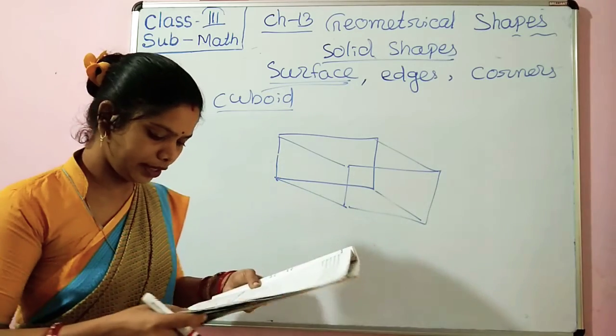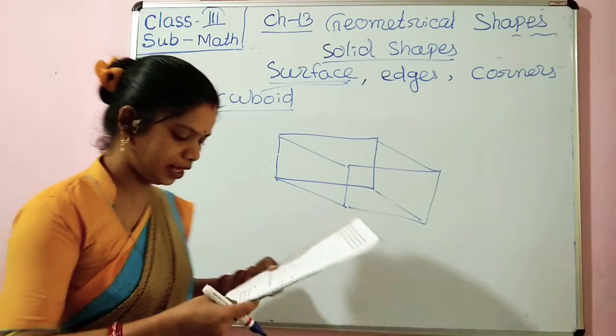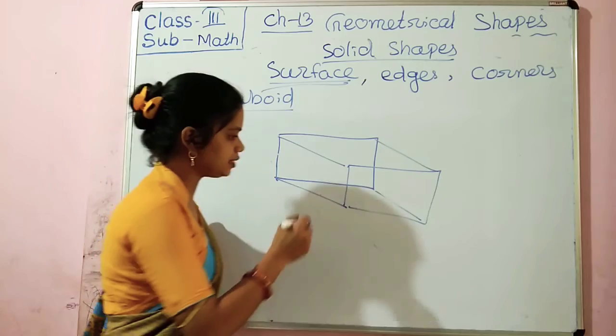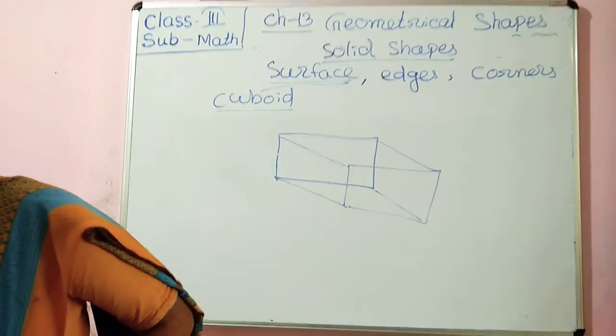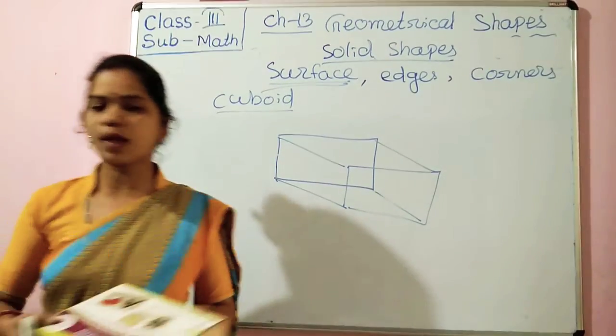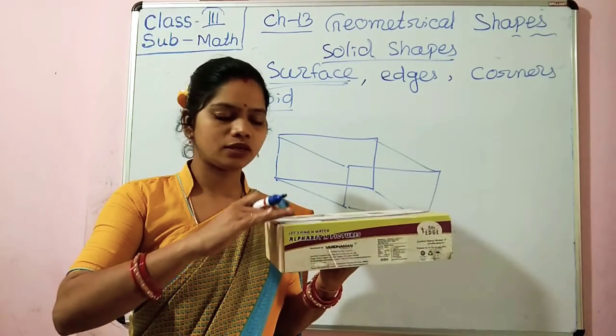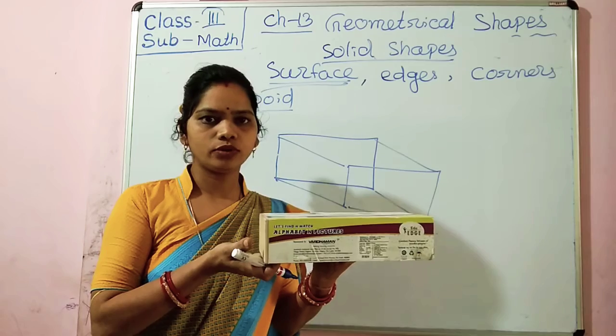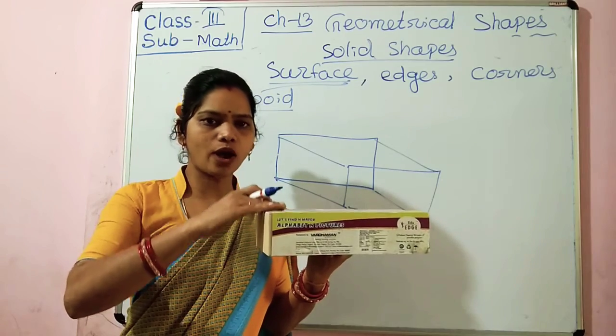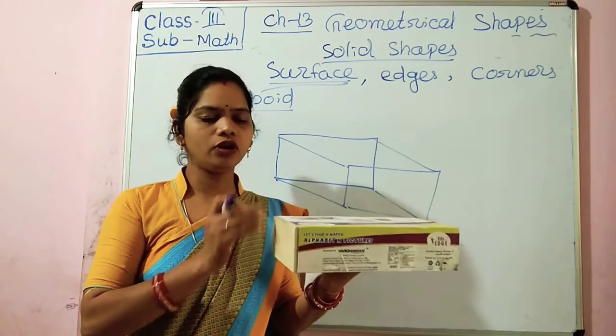Look, a cuboid is made of 6 rectangular faces. Look, the faces: 1, 2, 3, 4, 5, 6.